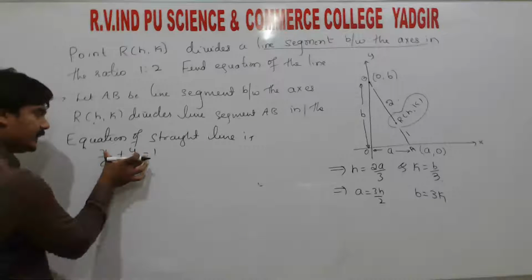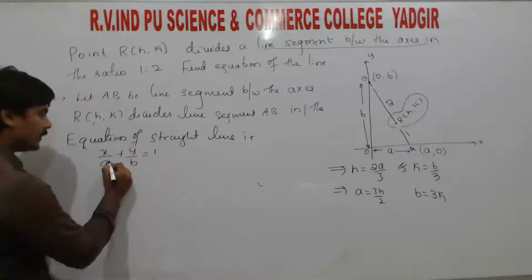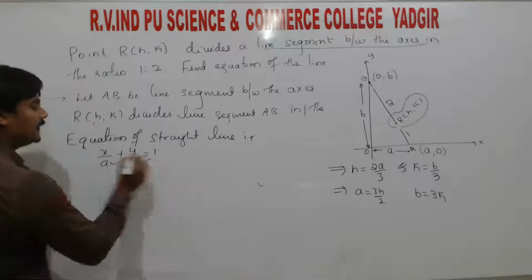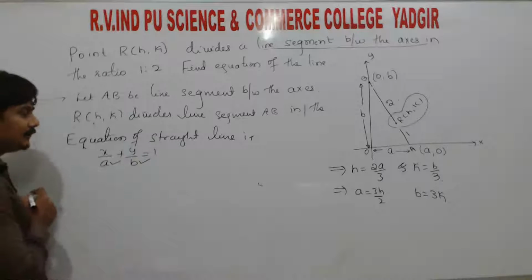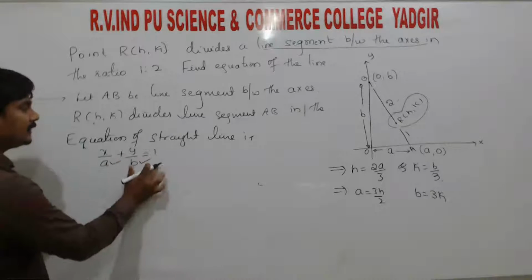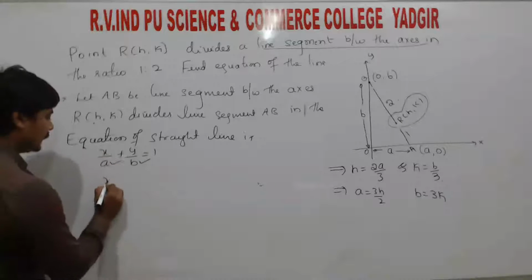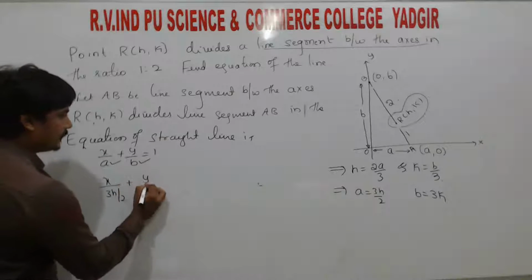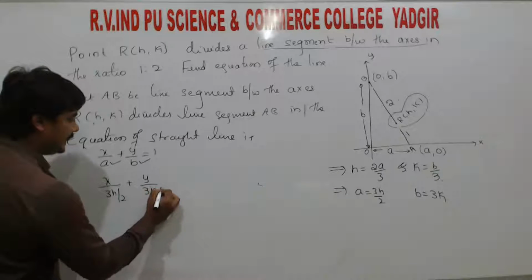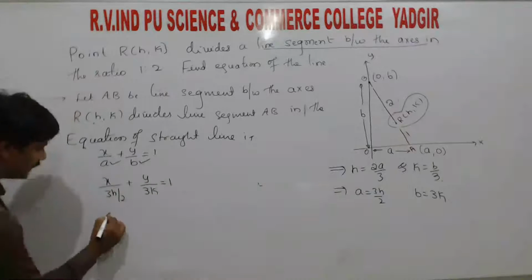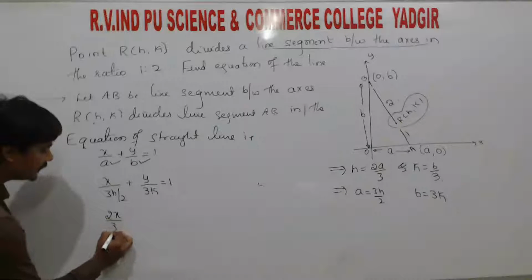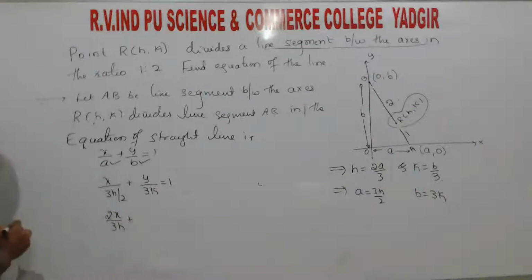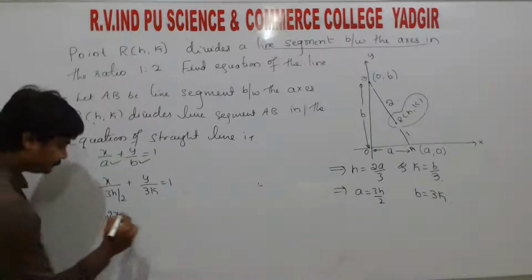Using this particular equation only, because you have found out the x-intercept value and the y-intercept value. Hence, we are using the intercept form of the straight line equation. So x/a, with a value 3h/2, plus y/b, with b value 3k, equals 1. So this becomes 2x upon 3h.